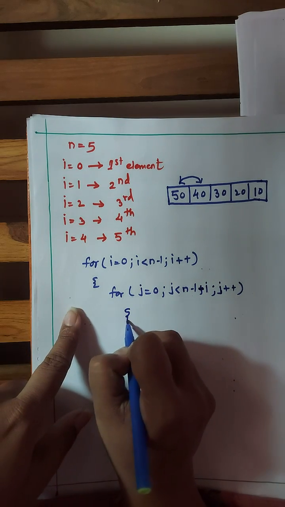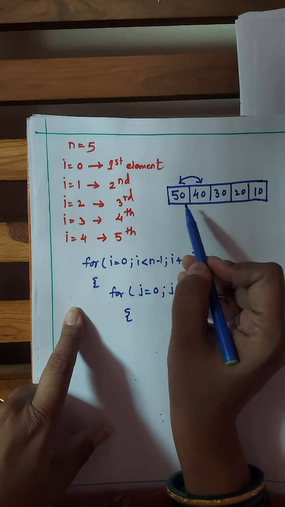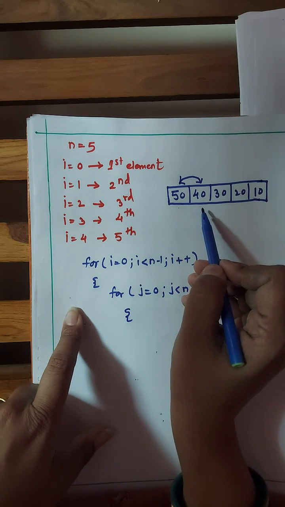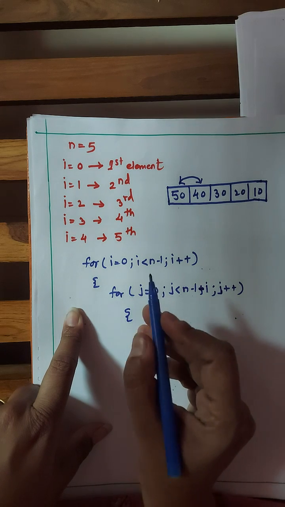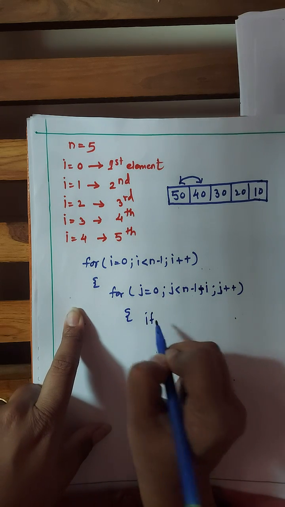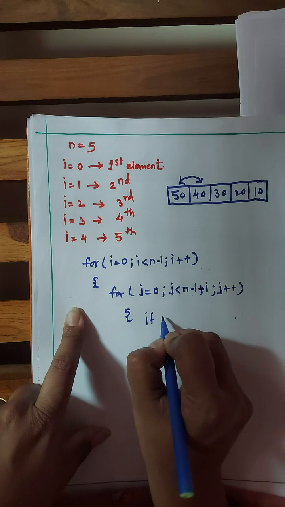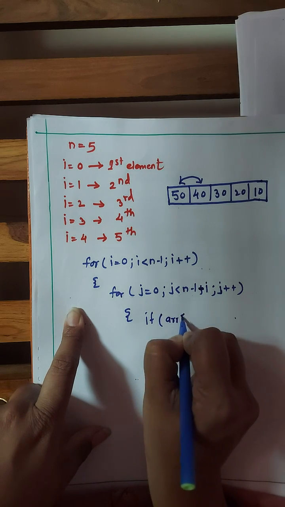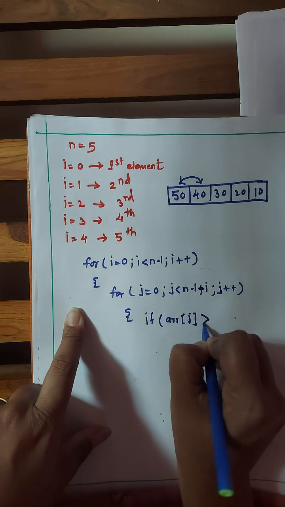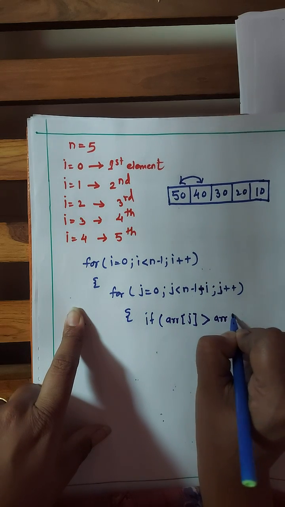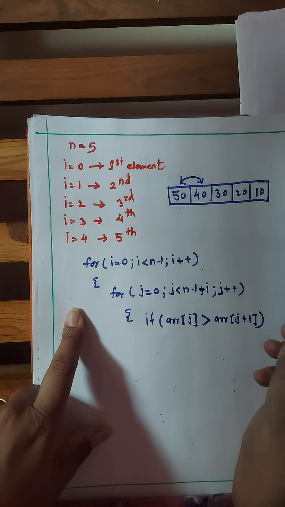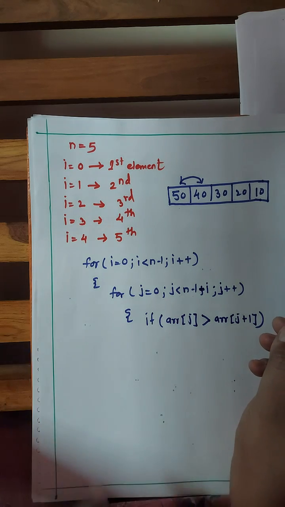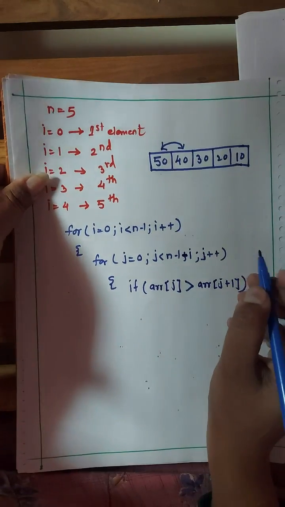Now in the inner for loop I check the values at j and j plus 1. If ARR of j is greater than ARR of j plus 1 and this condition is true, then the swapping will be applied.